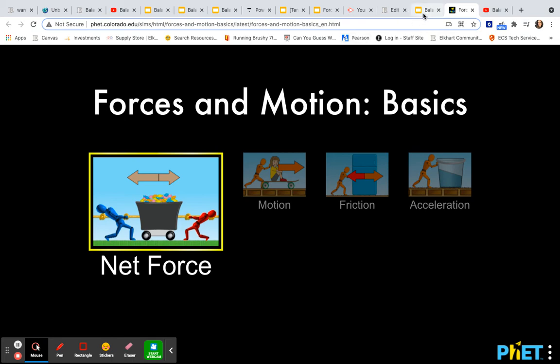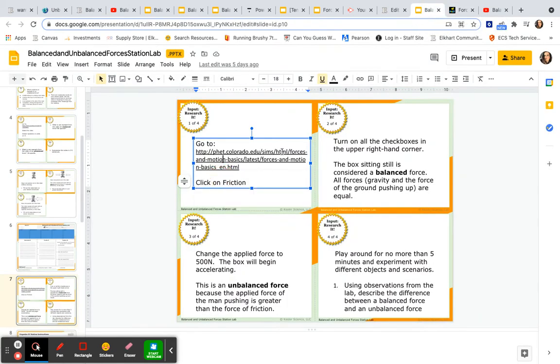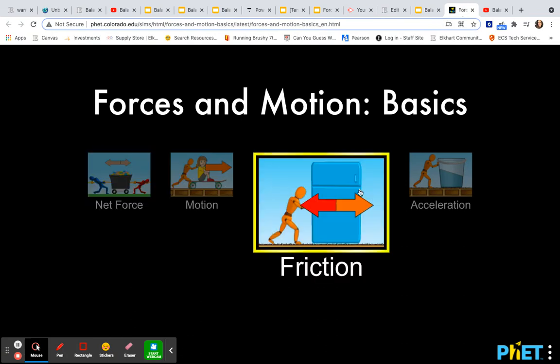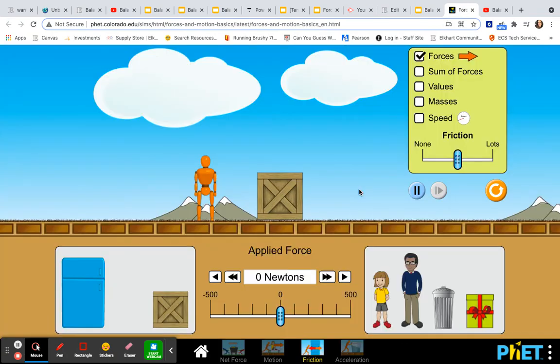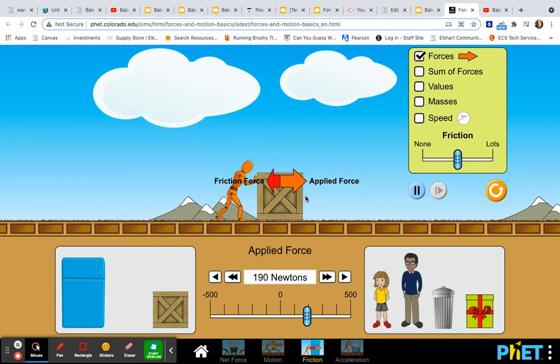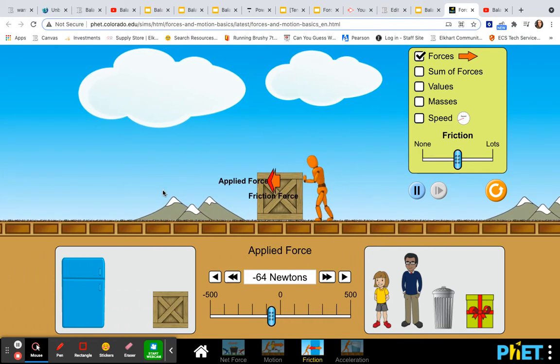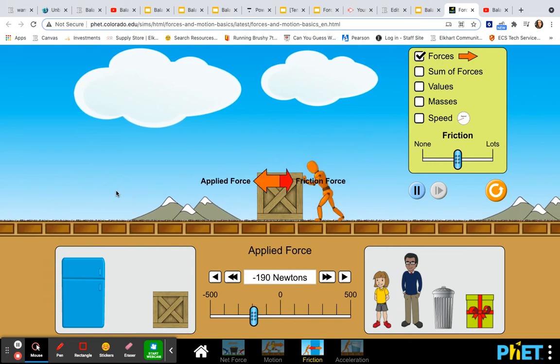When you get to this particular website, you're going to click on friction. Once you've clicked on friction, then you will go through and apply your forces in equal and opposite reactions.